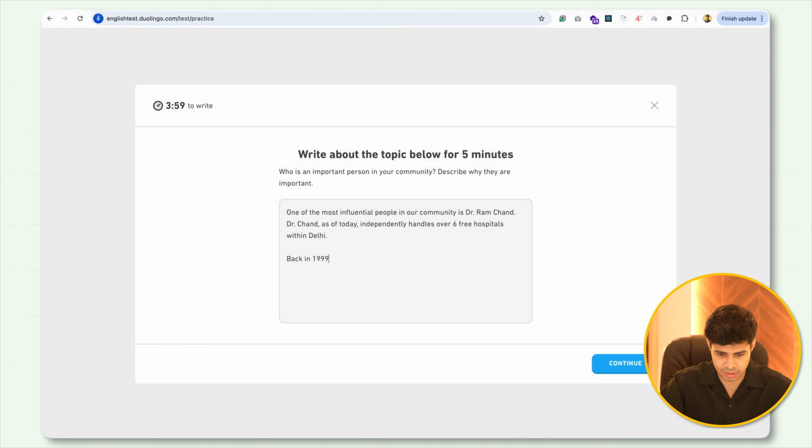Back in 1999, Dr. Chand started his first hospital which would offer services for free in, and let's actually change this from Delhi to, let's say, Banaras, or maybe some new place like Gokulpur, just something like a small place, for free in the village of Gokulpur.